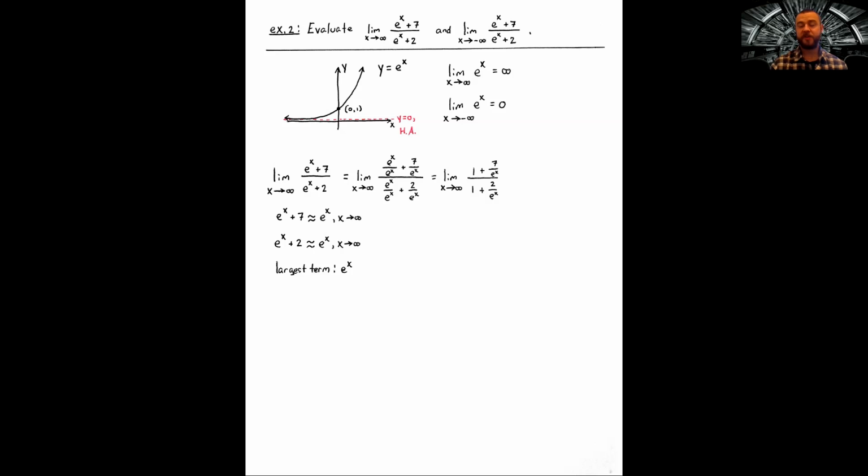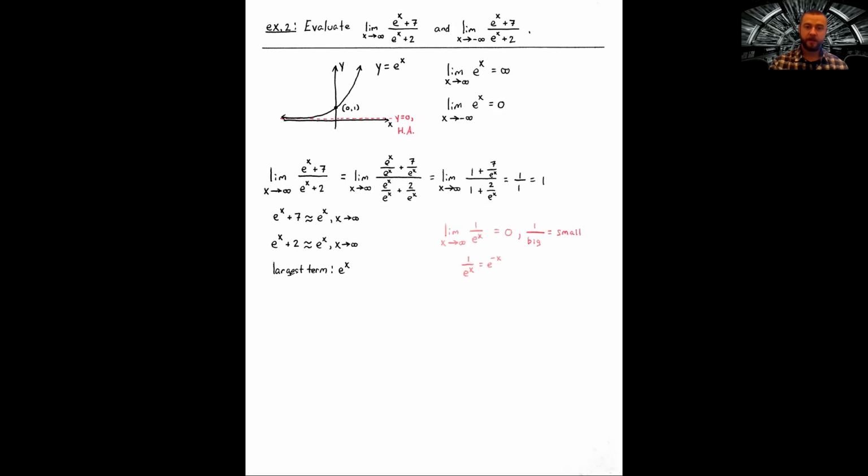So if we finish evaluating, taking the limit as x approaches infinity, we get that the whole limit for the function approaches 1. Again, it's the reciprocals of e to the x, 7 over e to the x and 2 over e to the x. They both approach 0 as x approaches positive infinity. So with minimal effort, it seems very similar to example 1.